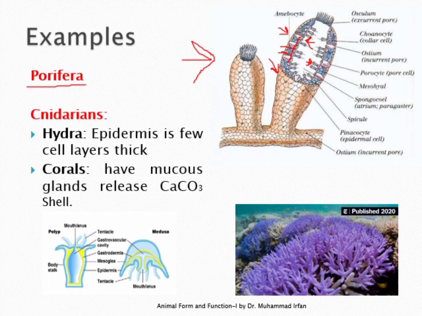So in Porifera, it is the pinacocytes, the outer epidermal layer, that make the integument, and in hydra there is an epidermis that is a few cell layers thick, and in corals this epidermis may have modified glandular cells that release calcium carbonate. So the corals make shells.